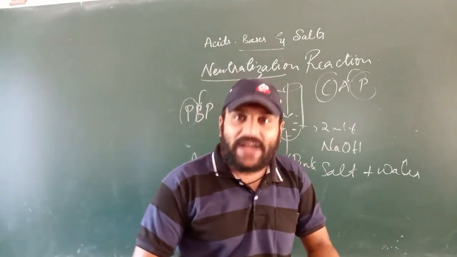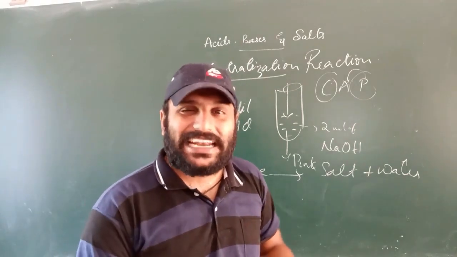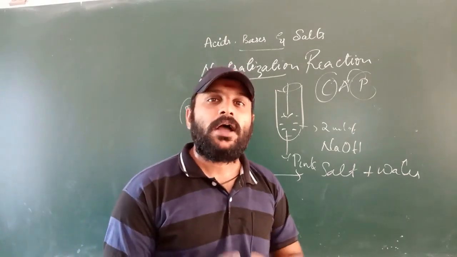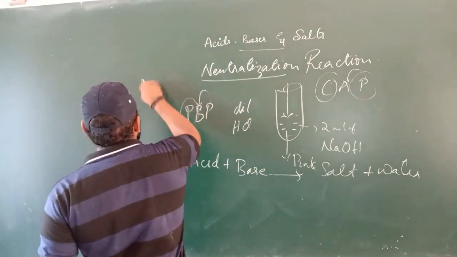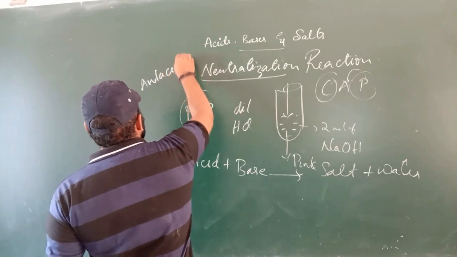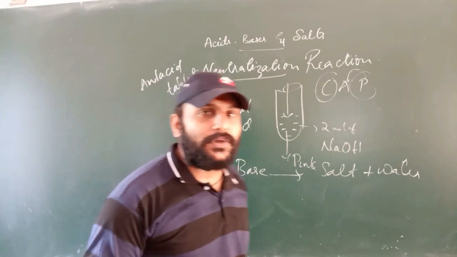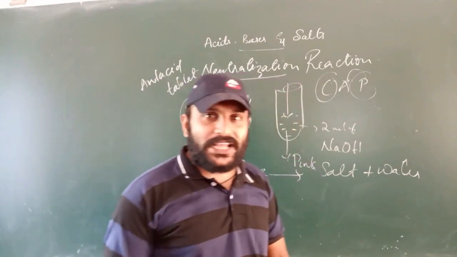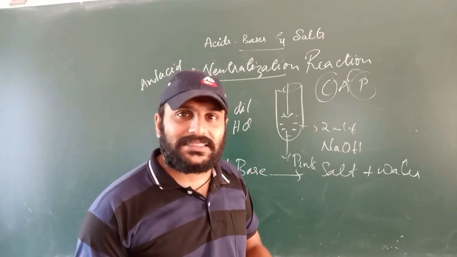Since more acid is present inside the stomach, we get the feeling of pain and irritation. At that time, we take antacid tablets. As I said, when the food is not getting digested, more acid is formed inside the stomach.